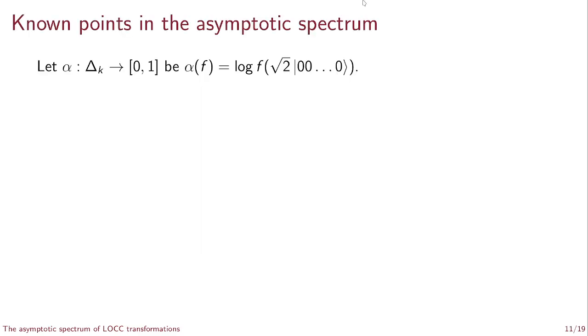So let's have a look at the points in the asymptotic spectrum. So these functions that satisfy these axioms, what were the known ones before this work? For charting this set, it's useful to introduce a function on the asymptotic spectrum given by simply the logarithm of the value of this element of the spectrum on a separable unit vector times square root of 2.